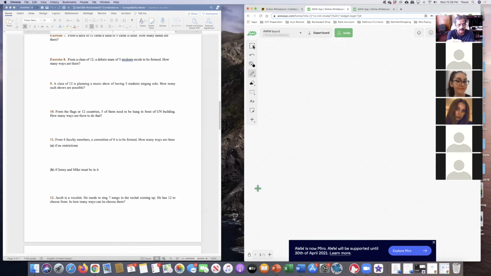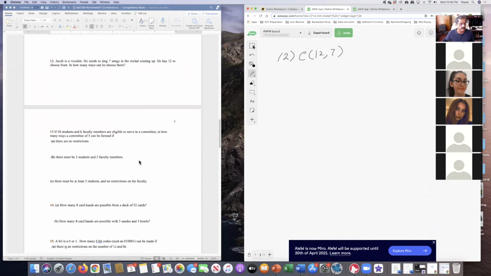If he sings a certain song first and a certain other song second, reversing them will be a different recital. So for the recital, the order matters. But when they say how many ways are there to choose, that's combination. So problem 12 is combination of 12 comma 7. Okay, moving on to 13.